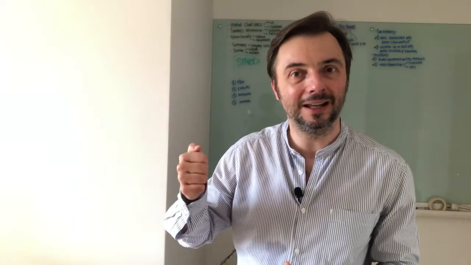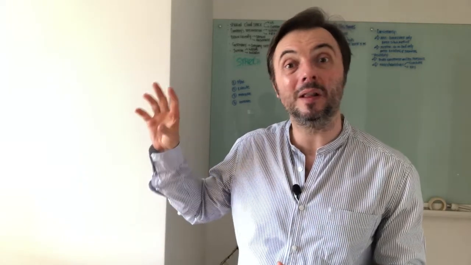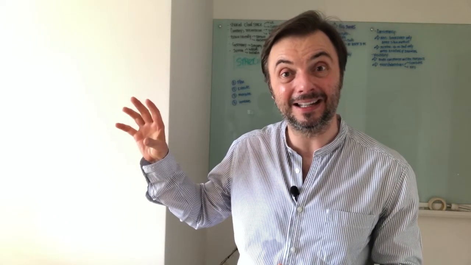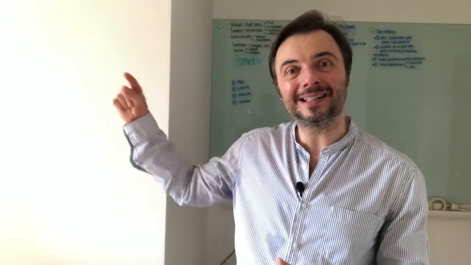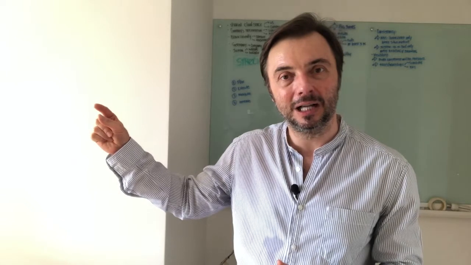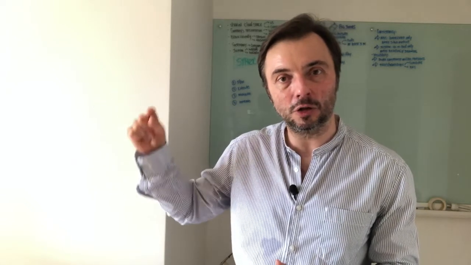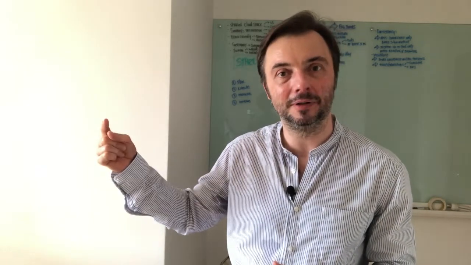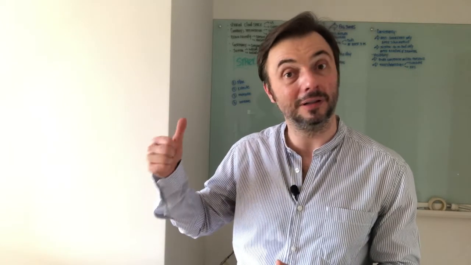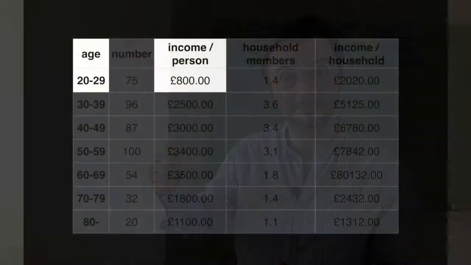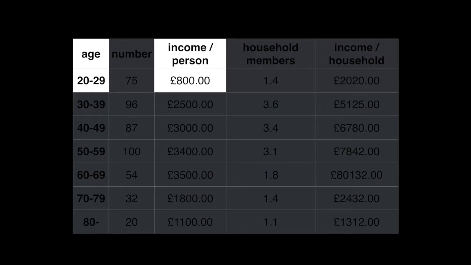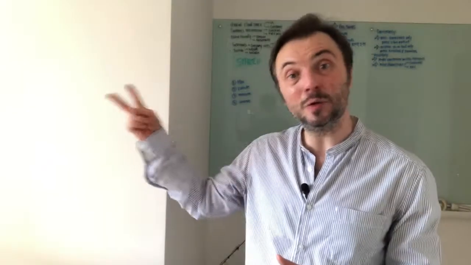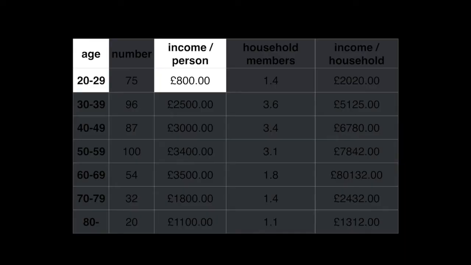And then you click, and all the audience can actually see are those cells in the table which contain the information that you are going into in depth. So, like this. And then you explain what the reasons are why people between 20 and 29 make as little as £800.